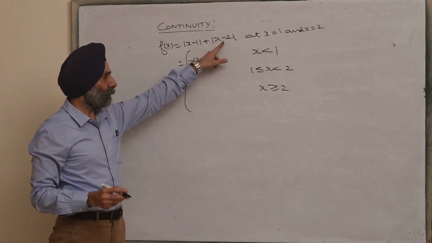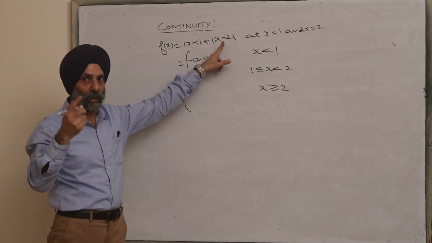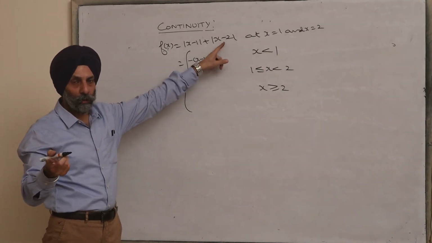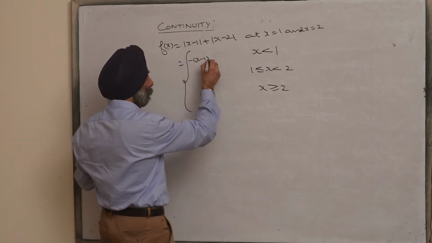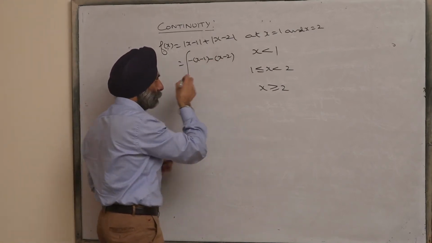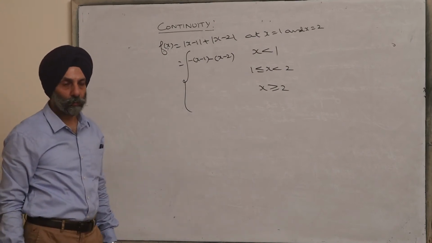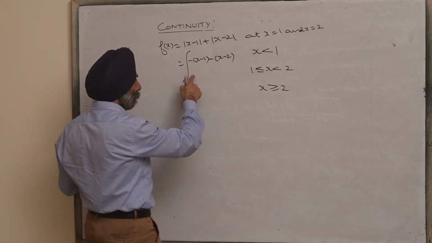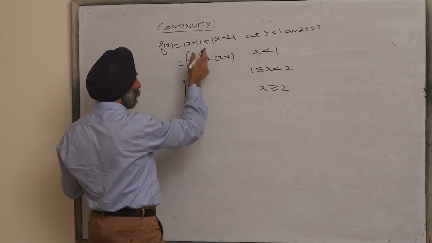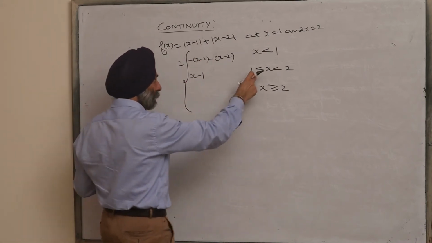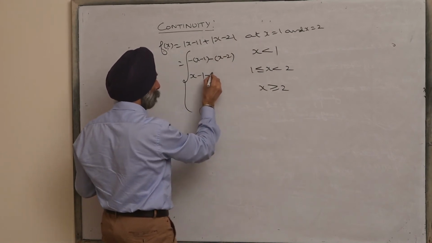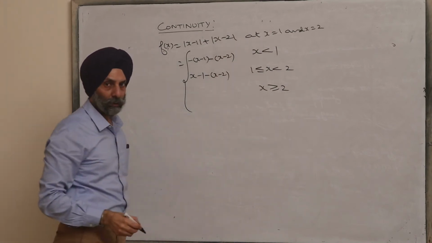We know that mod of x minus 2 is x minus 2 if x is greater than 2. For all those values of x less than 2, it is going to be minus of x minus 2. Similarly, when x is greater than or equal to 1, this is going to be positive. But for less than 2, this is going to be negative here.